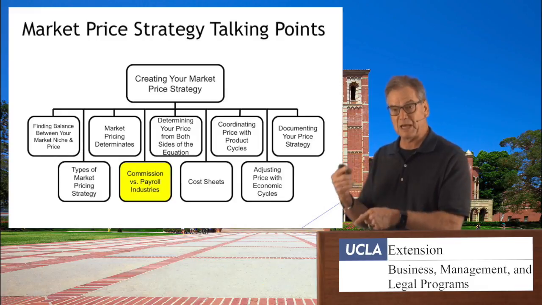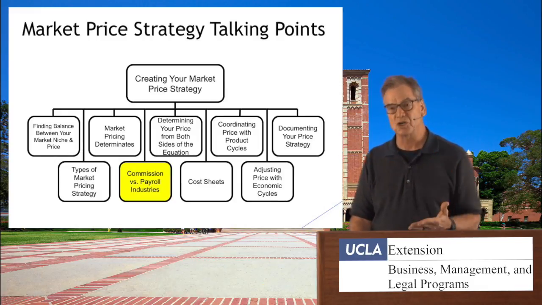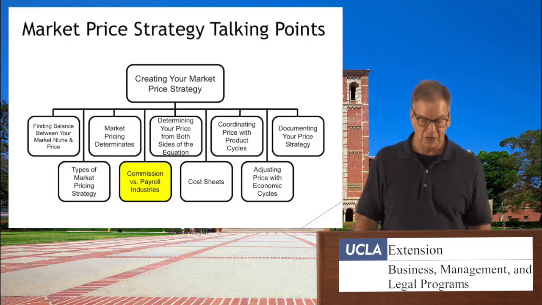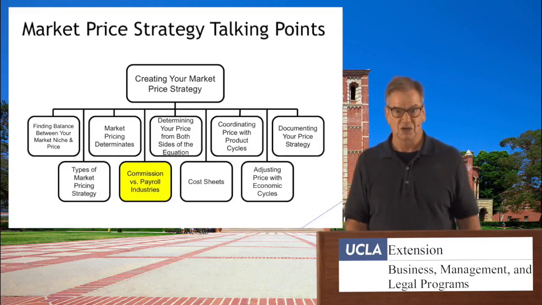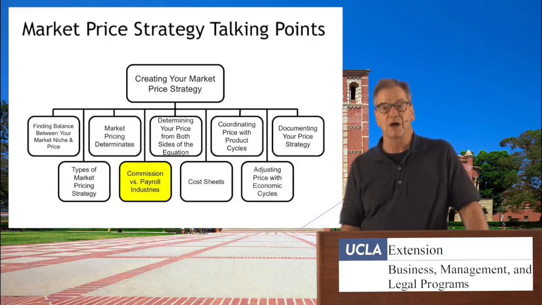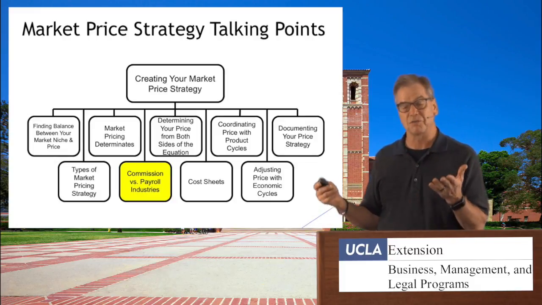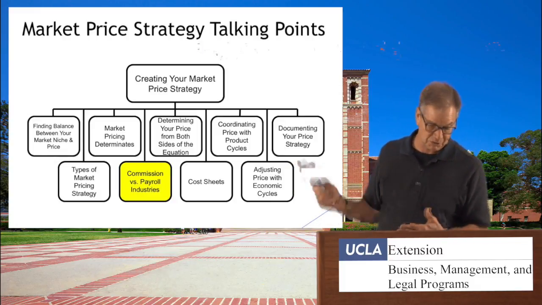And companies that have payroll usually have fee schedules, standard pricing models. It's not negotiated. So whenever we're dealing with a negotiated type of price, we often find staff is paid by commission. Whenever we have standard pricing structure, we now see payrolls. So just be aware that's a talking point relevant to price.